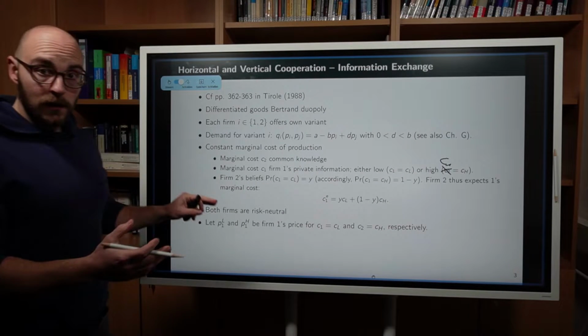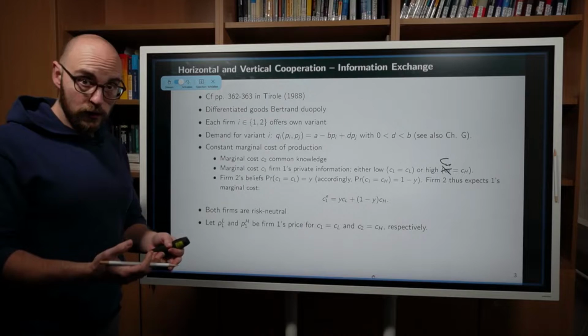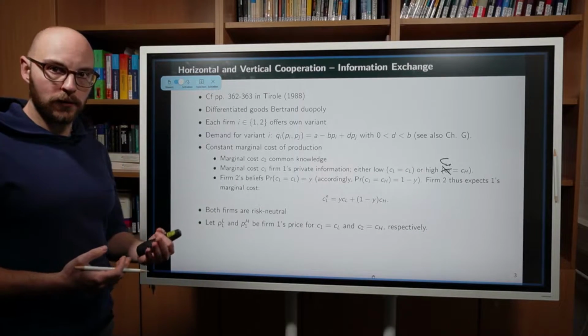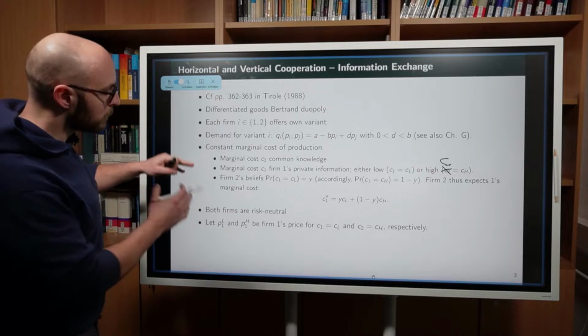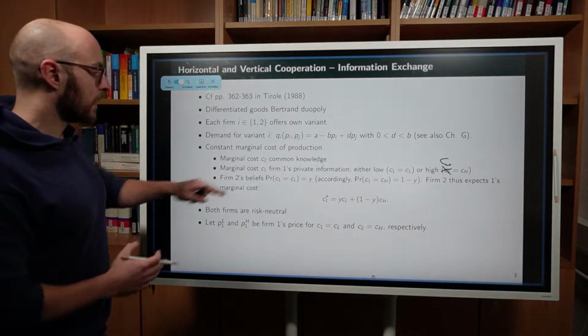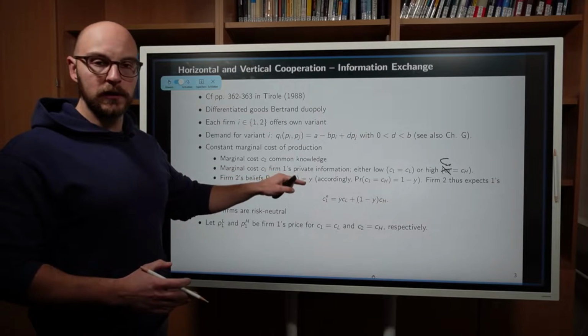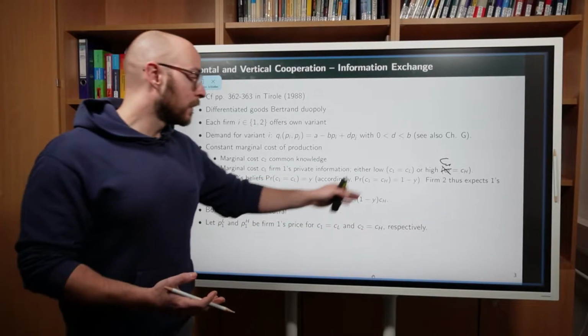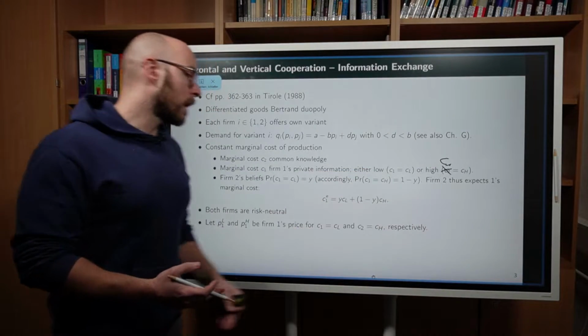If we are in such a setup, we have uncertainty and we have to formulate some sort of beliefs for the other firm. So firm 2 believes that firm 1 has a low cost with a probability y. And since we only have two types, the probability that the costs are high is 1 minus y.